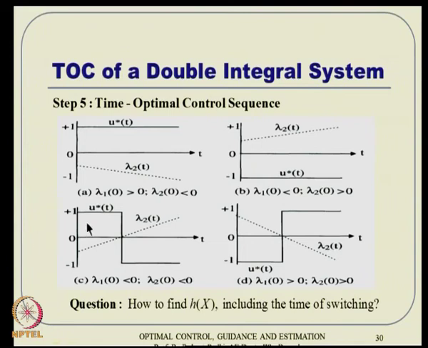So, I start with a positive value of control and go to a negative value. Here it is exactly opposite: I start with a positive value of lambda 2, hence my control is negative, and later lambda 2 becomes negative, hence my control becomes positive. So, you can see the switching very clearly here.